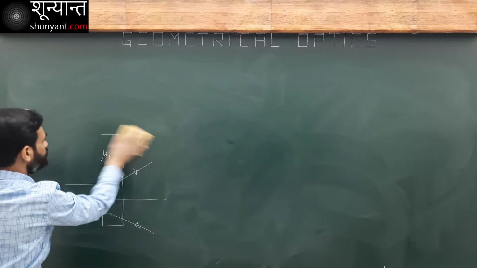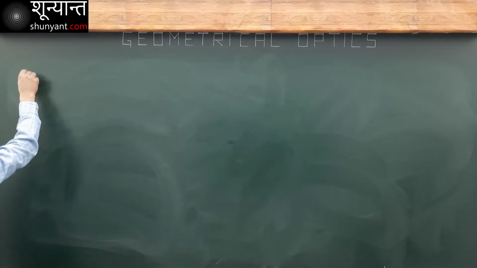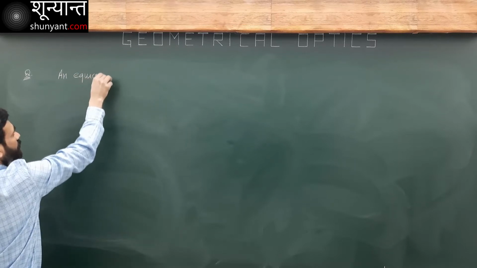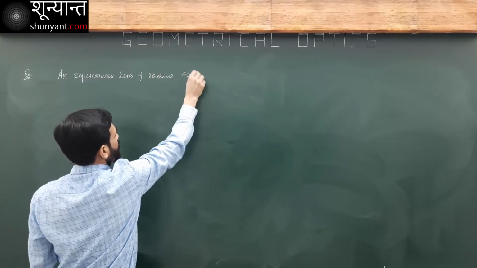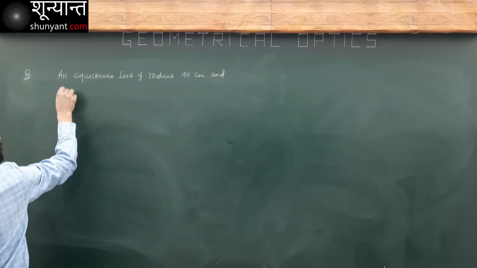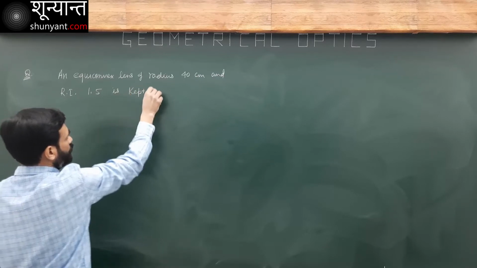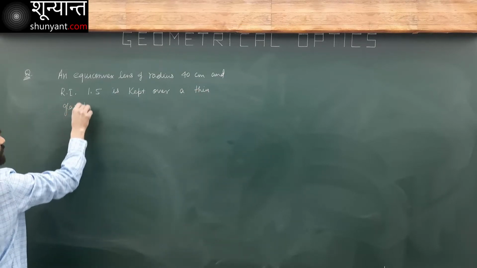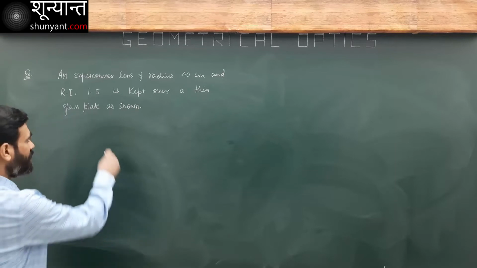Now, let's do a few more problems. An equiconvex lens of radius 40 centimeter and refractive index 1.5 is kept over a thin glass plate as shown.